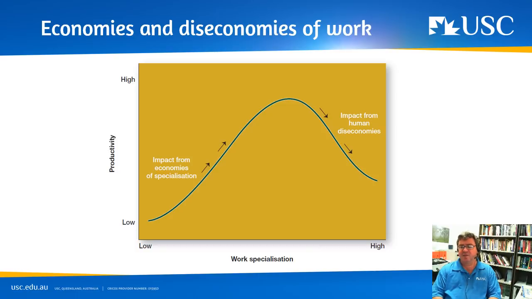But then as those limitations that I mentioned in the last slide start to occur, you'll start to see that the impact from these limitations creates dissatisfaction, and as a result productivity actually declines. So there's a fine line between how much you can specialise and how much you might want to do that inside your organisation, as at a certain point obviously the productivity will start to decline.